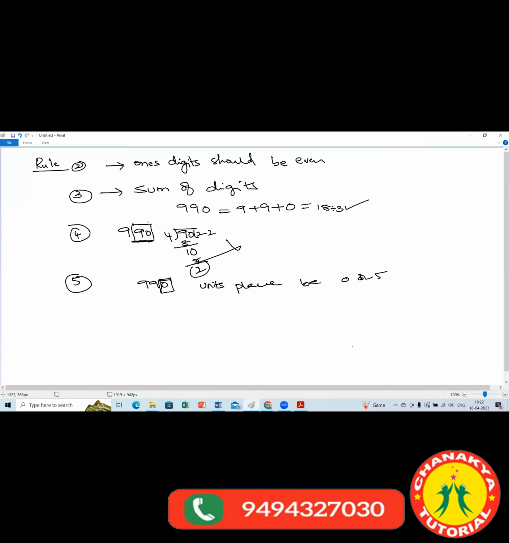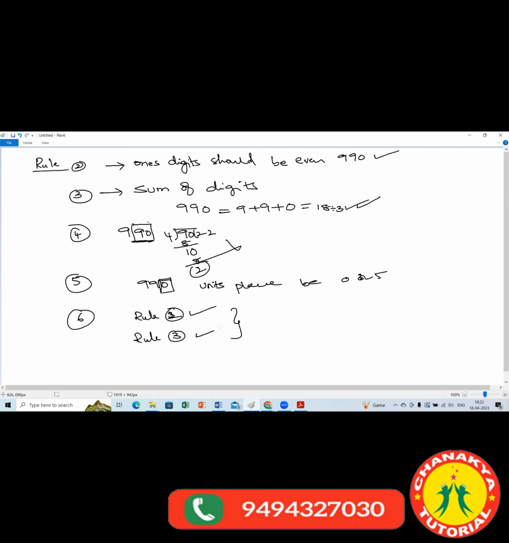Now what is the divisibility rule 6? Rule 6 is given: both rule 2 and rule 3 must be true. For 990, rule 2 is true. Rule 3 is also true. So by looking only, you can say rule 2 is true and rule 3 is true.